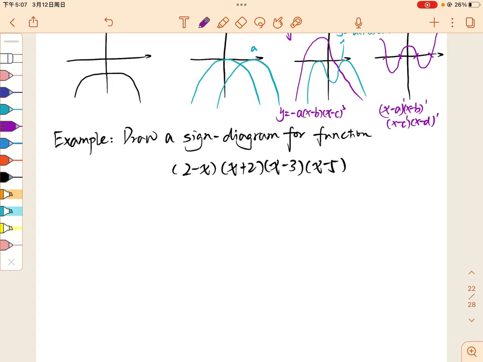And for the sign diagram, it's the same thing. You draw the line, you find out where the intercepts are. For the first one, this is going to be positive 2, this is negative 2, this is positive 3, this is positive 5. So you have negative 2, 2, 3, and 5, and above is positive, underneath is negative, and then you substitute some values in.